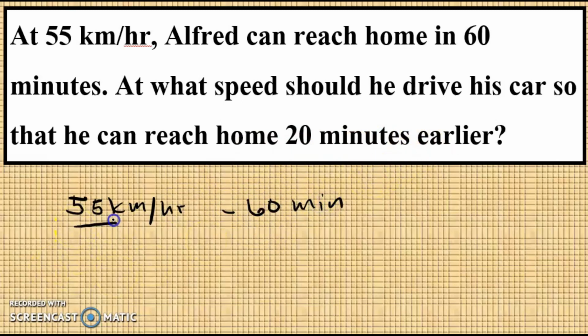Okay, kung ito yung speed niya, in 60 minutes, sa bahay na siya. Pero ang gusto dito ay makarating siya ng 20 minutes earlier. So meaning, ilang minutes yun? Kung 20 minutes earlier from 60 minutes. So 60 minus 20, that will be 40 minutes. Diba? Kasi gusto niya 20 minutes earlier eh. So 40 minutes, dapat nasa bahay na siya.